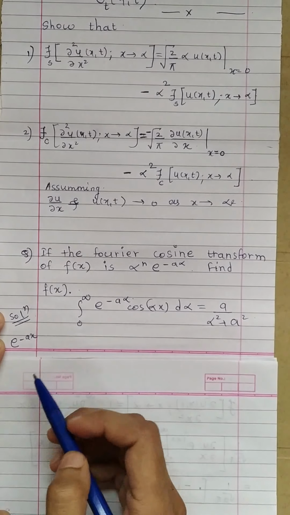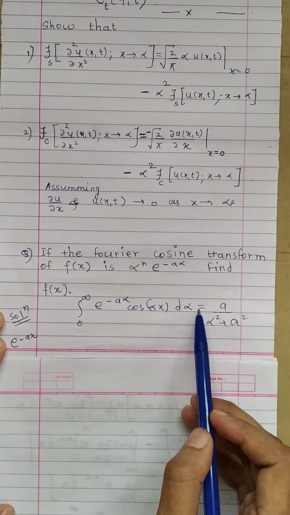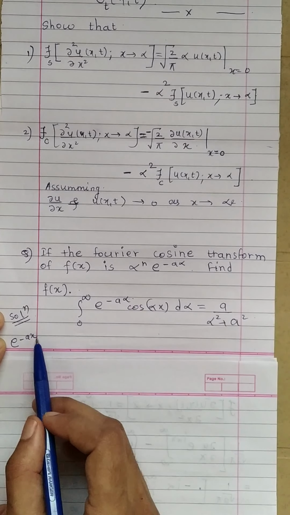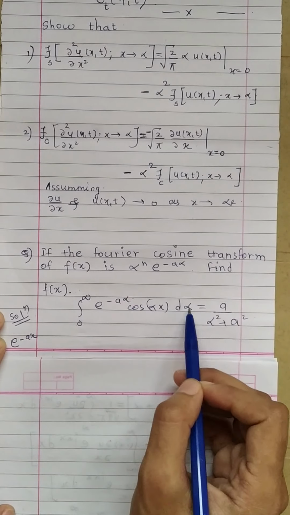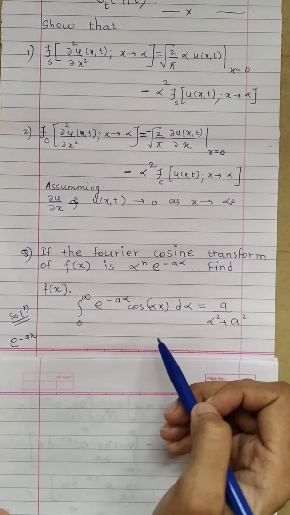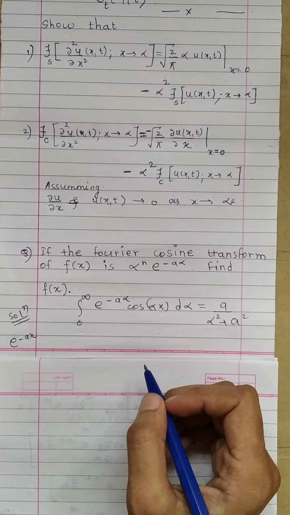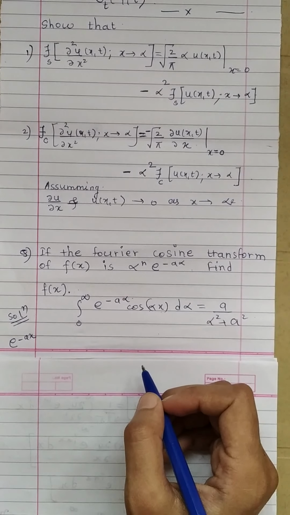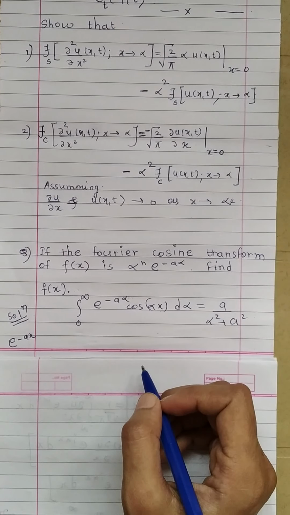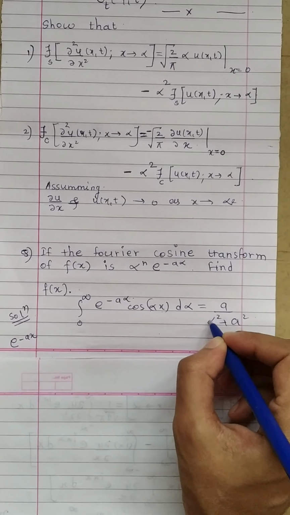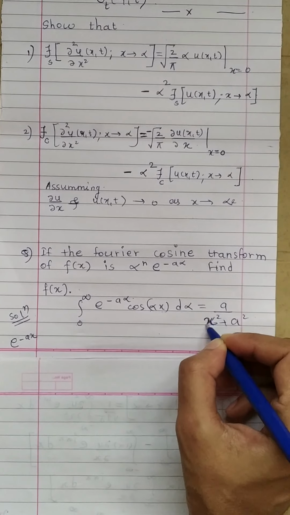Now I have written the same thing, but instead of x as the variable I have taken alpha as the variable, and I have kept x as the other one. Then this will change, it will become x square.